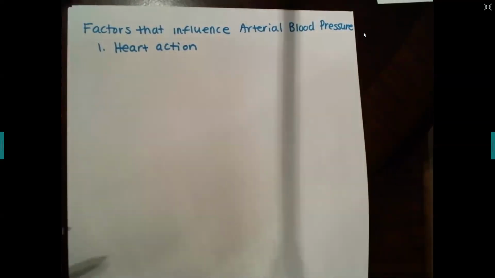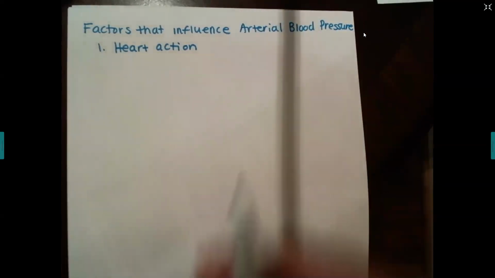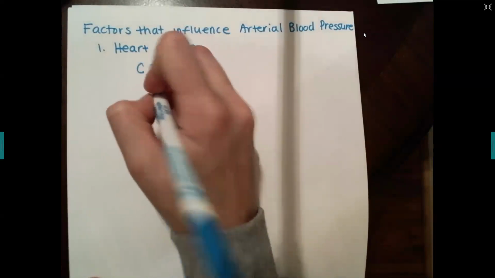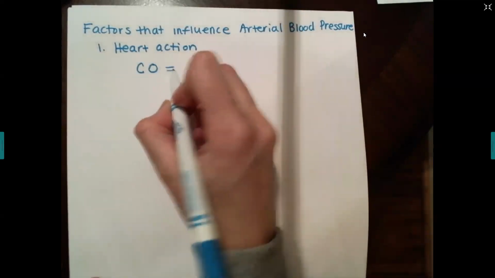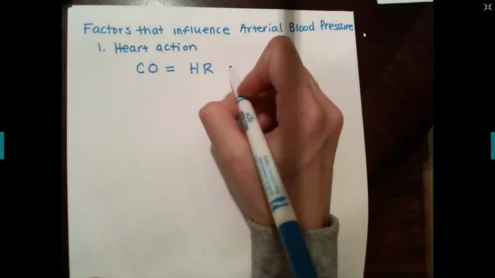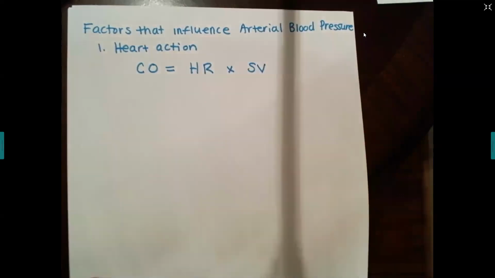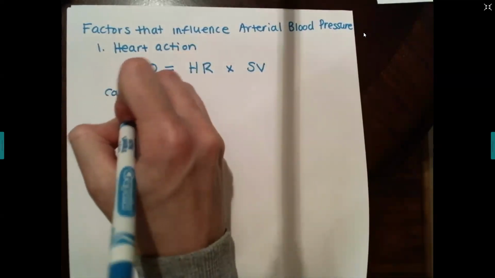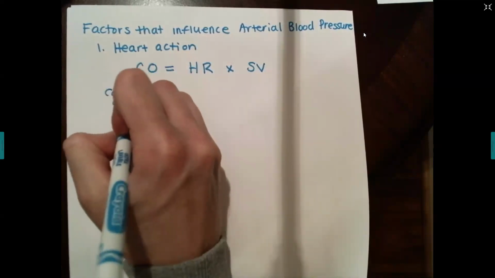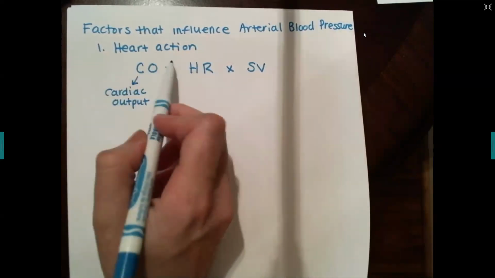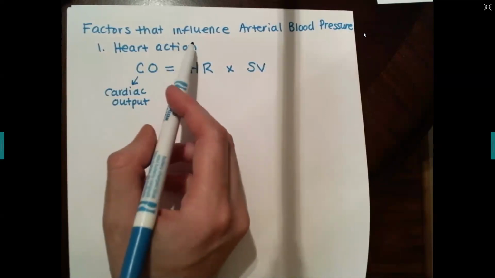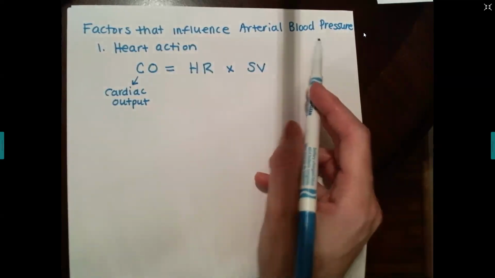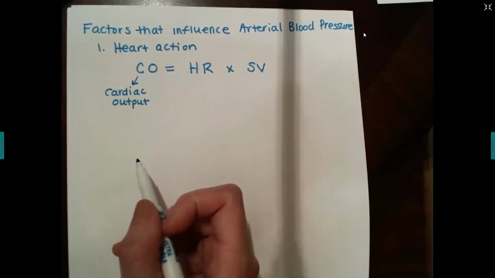I'm not a math teacher for a reason, but the math of this is CO = HR × SV. So let's talk about what that is. The first one is cardiac output. And all of these things are going to describe heart action, which is going to influence blood pressure.